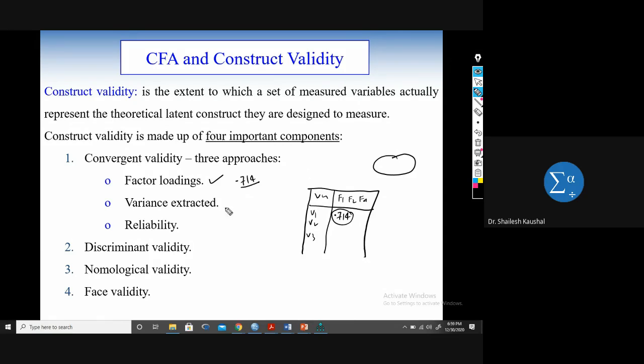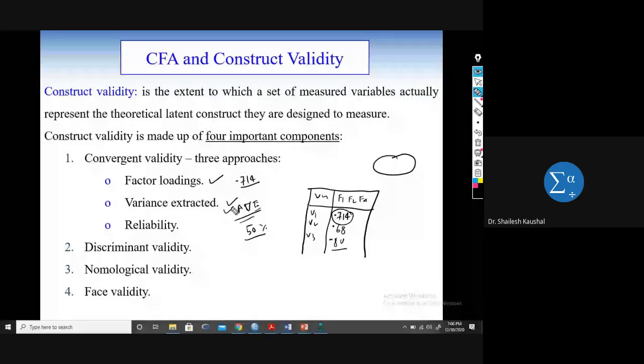Second is the variance extracted, meaning AVE, average variance extracted, and its value should be greater than 50%. What does it mean? If some variable's factor loading is less than 0.7, like 0.68, then another variable's value should compensate.